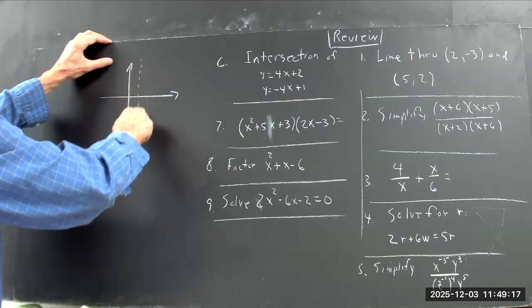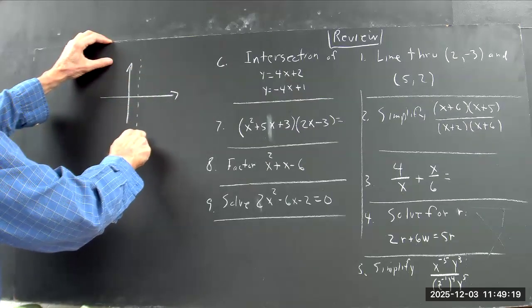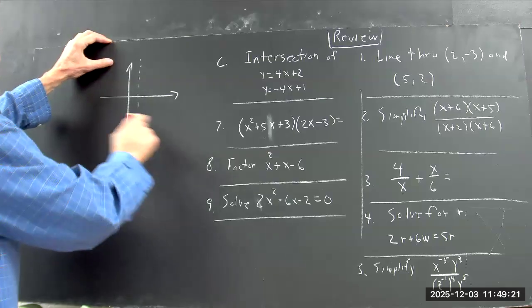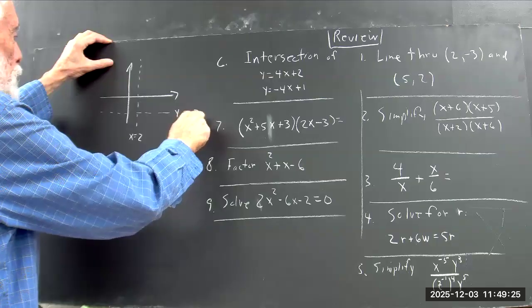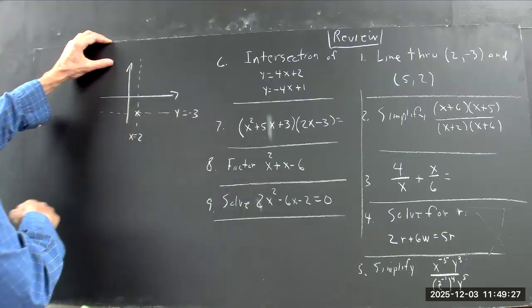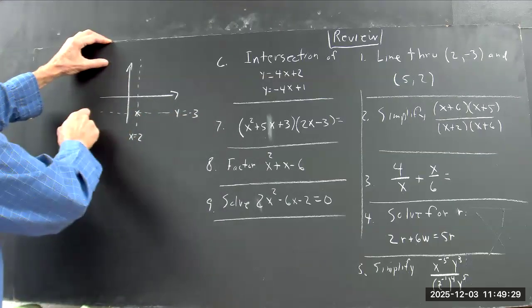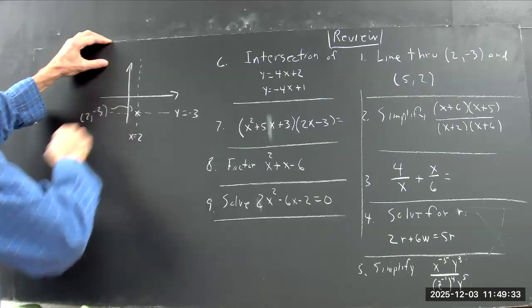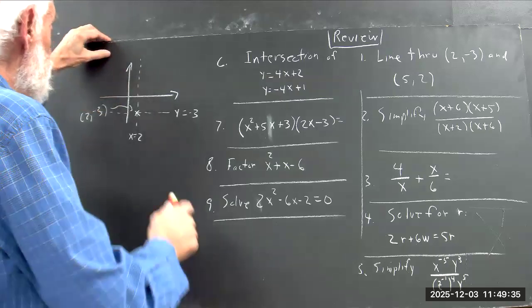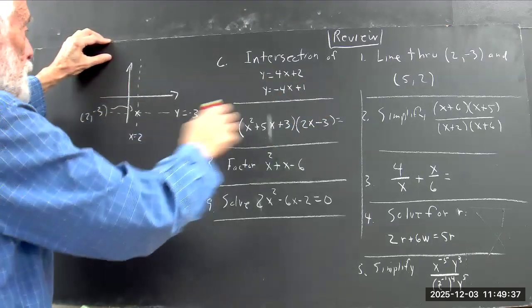Now I would usually draw a line for x equals 2 and a line for y equals -3. So the point 2, -3 is right here. So let's label that 2, -3. Now I recommend you do all of this. Okay, then we have x equals 5.